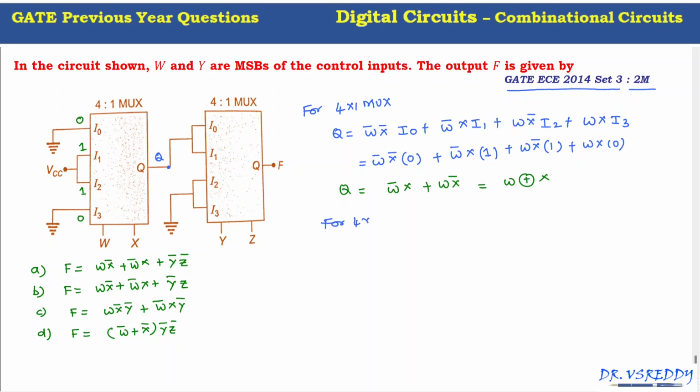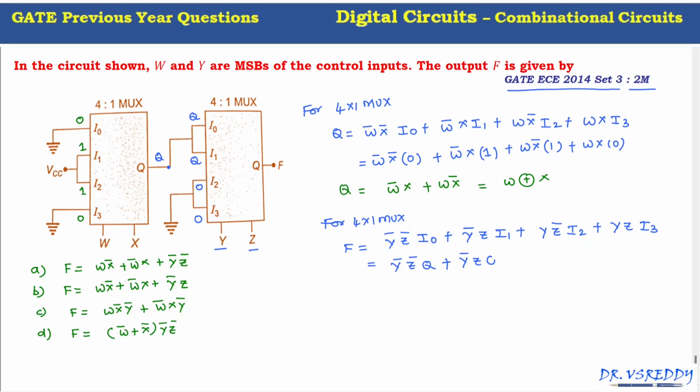For the second 4:1 mux, where Y and Z are the selection lines, the output can be written as Y prime Z prime I0 plus Y prime Z I1 plus Y Z prime I2 plus Y Z I3. Here I0 is Q, I1 also Q, I2 is 0, I3 is 0.